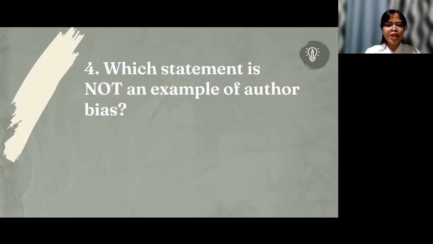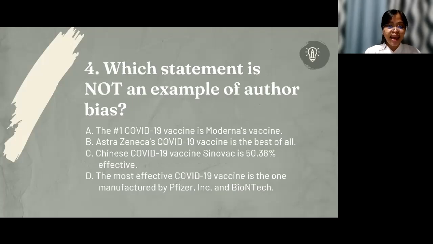Number 4, which statement is not an example of author bias? A, the number 1 COVID-19 vaccine is Moderna's vaccine. B, AstraZeneca's COVID-19 vaccine is the best of all. C, Chinese COVID-19 vaccine Sinovac is 50.38% effective.